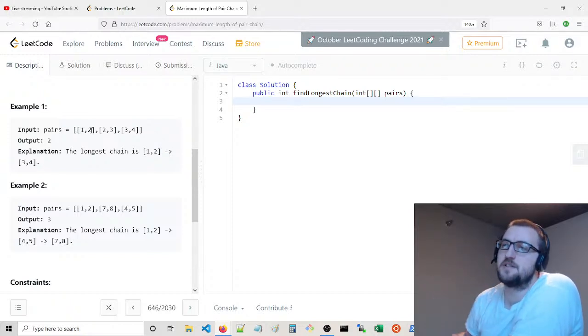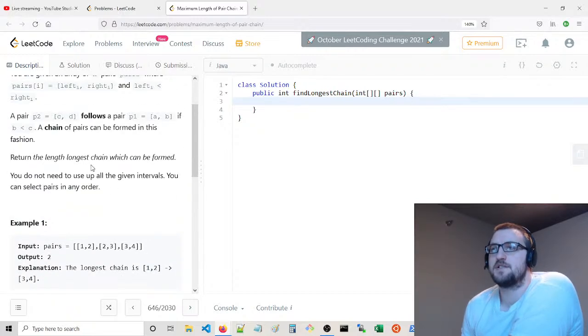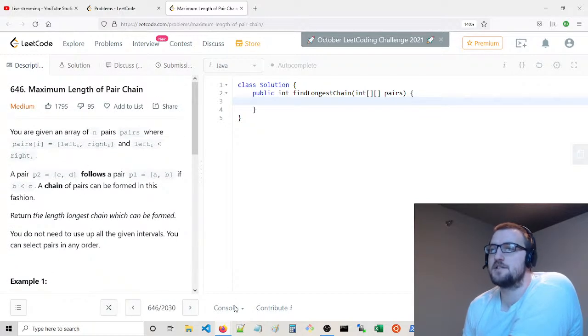This also makes me think of what they call the longest increasing subsequence problem.